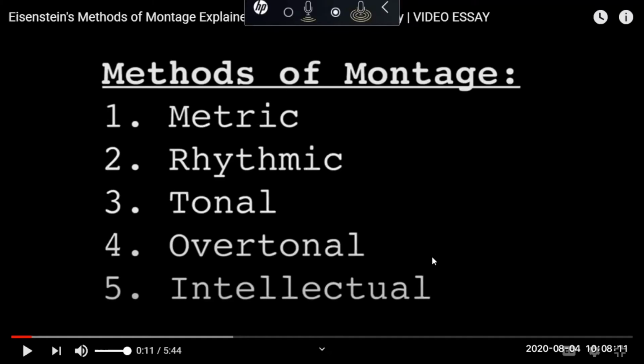So let's see what this editor actually says about Eisenstein's editing techniques in terms of metric, rhythmic, tonal, overtonal, and intellectual montage. Okay.